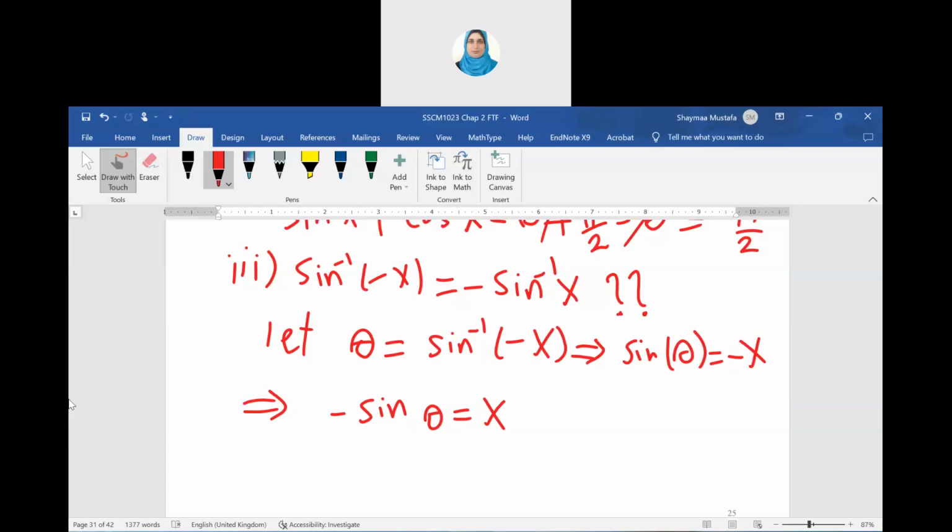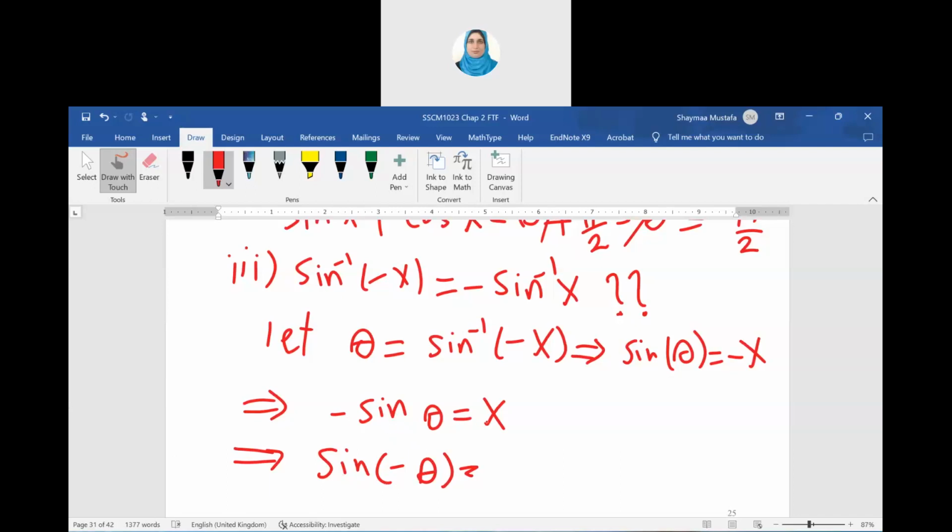Minus sine theta equal to what? Yes, sine of minus theta, Farah. Good. Minus sine theta is equal to sine of minus theta because sine is an odd function. Sine of minus theta equals minus sine theta.